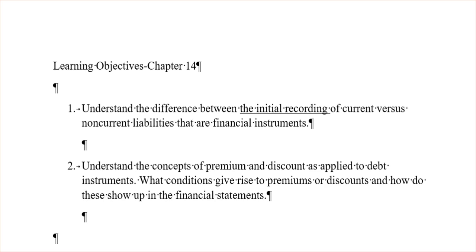In contrast, in this chapter, we start thinking along the lines of the theory of accounting, which tells us that our liabilities, our financial instruments, should be recorded at the present value of cash flows. The theory tells us that we should have been doing that also in the previous chapter, the previous module, when we were talking about current liabilities.